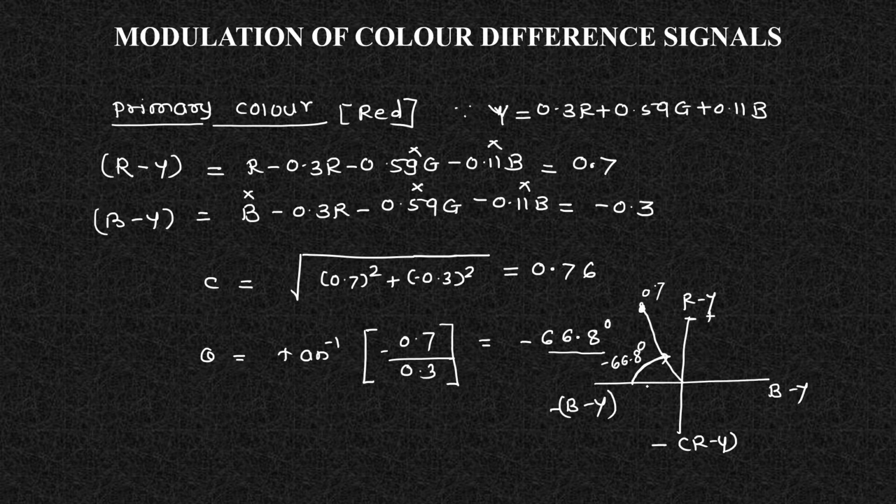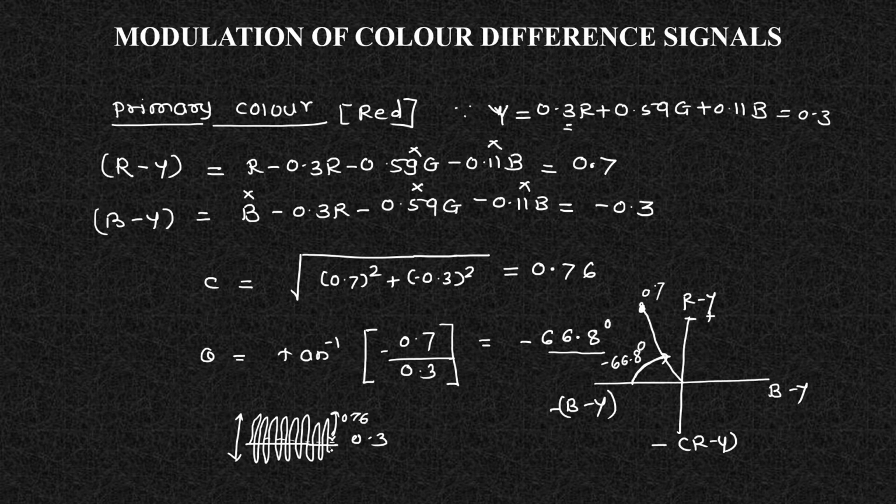Now how does the quadrature amplitude modulation for red color take place? Your luminance associated with red color will be only 0.3. So your chrominance gets superimposed on your luminance. So this will be the 0.3, I'll say luminance, plus 0.76 and minus 0.76.